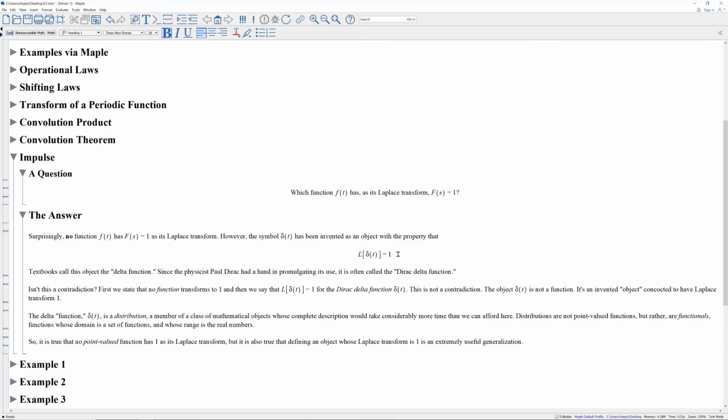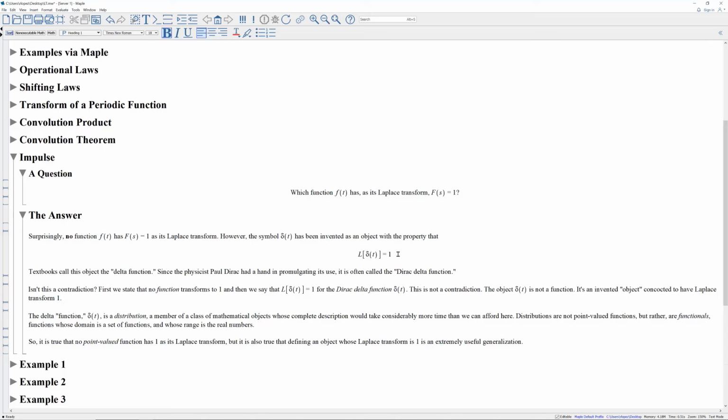Now, I did not like to sneak up on this thing via a limit of piecewise things because it requires an interchange of limit and integral that's just not valid. If it were valid, then you wouldn't have had to invent distributions.